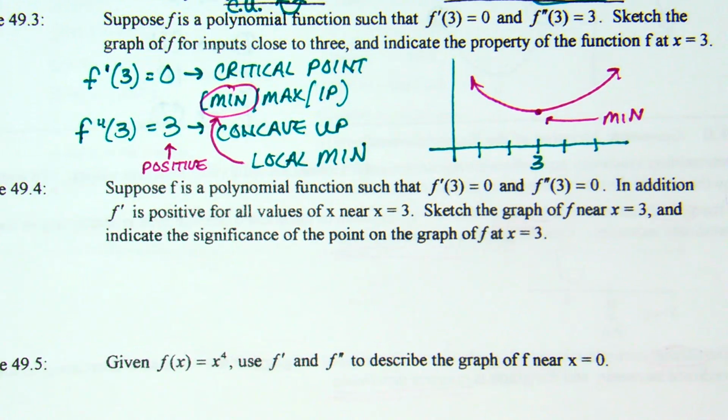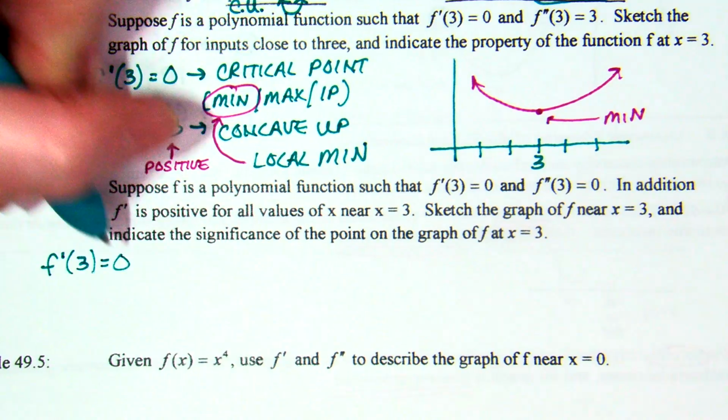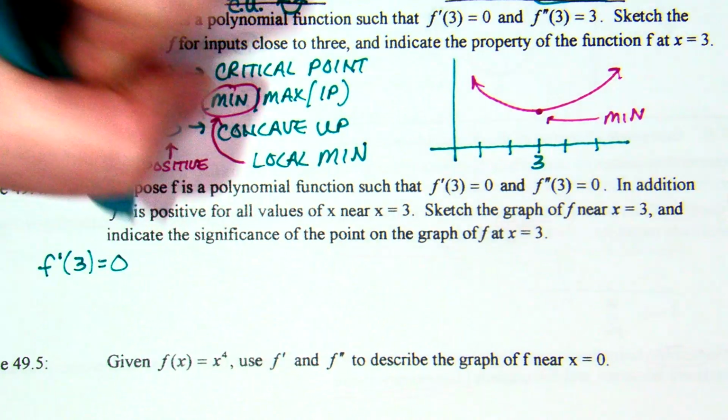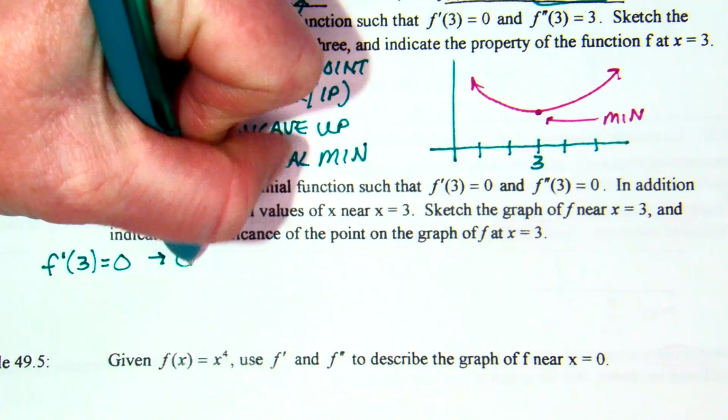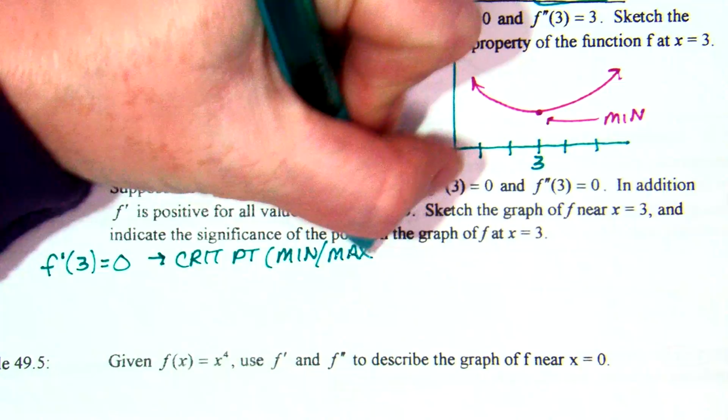Okay, I'm going to go through the same details again just to have it down in writing. F prime of 3 equals 0 tells me what is happening here. Yeah, critical value, critical number, critical point, and so there's either a min, a max, or inflection point.